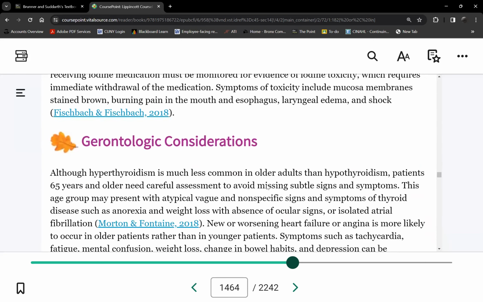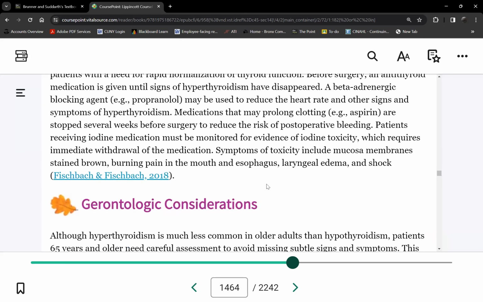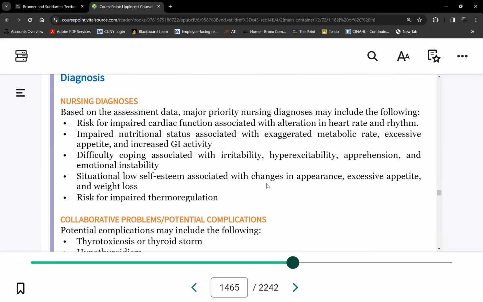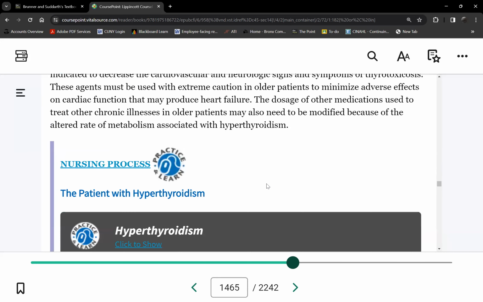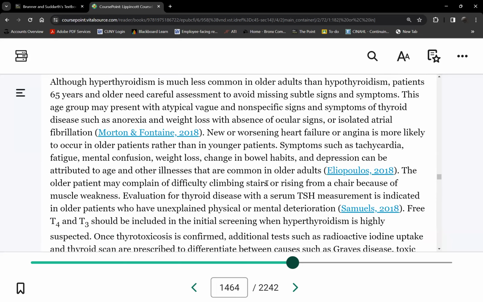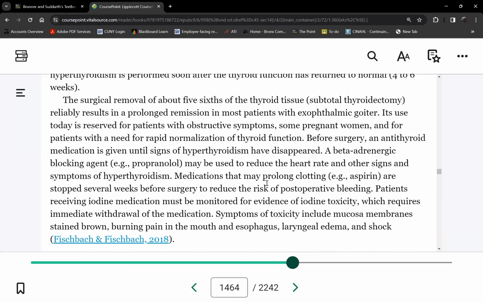Okay, so we know how to prepare. Let's now talk about post-op. We already discussed what they're going to take. We give the iodine preparations and the antithyroid, right? At least 2 weeks before surgery, and that will shrink the thyroid gland, and then we can schedule the surgery.